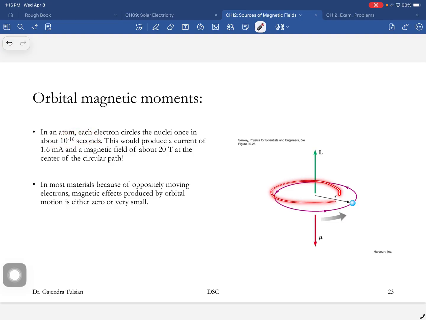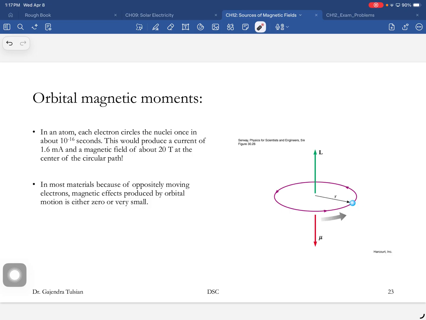So that's how fast they're going around. This would produce a current of 1.6 milliamp and a magnetic field of 20 Tesla at the center of the circular path. So a single electron going around in an atom should produce a field of 20 Tesla.